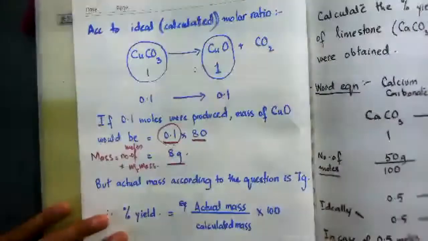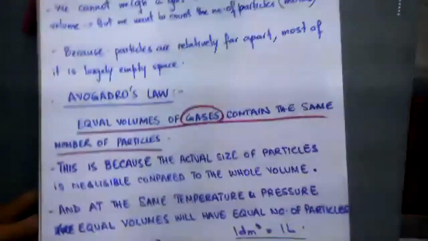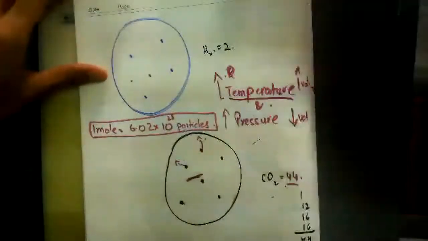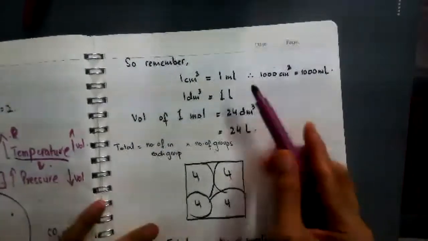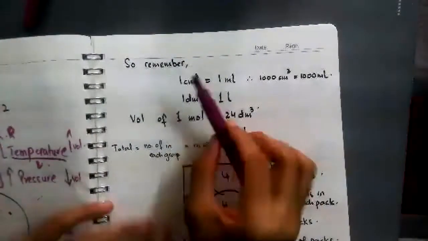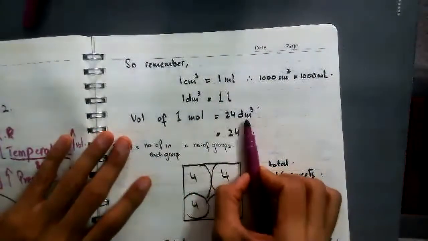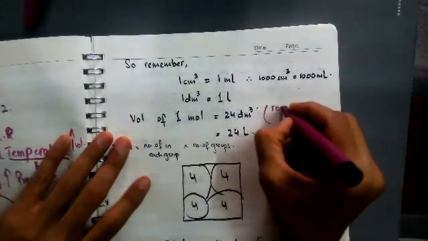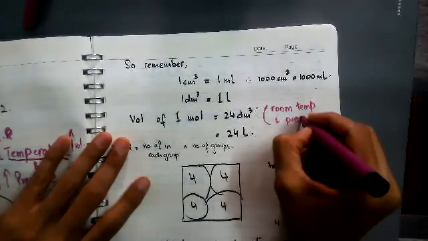Another thing that Avogadro mentioned was that the volume of 1 mole is 24 dm cube. Remember this. First of all, the volume of 1 mole is not always 24 dm cube, but at room temperature and pressure.